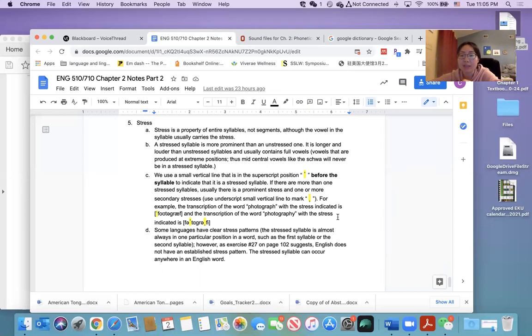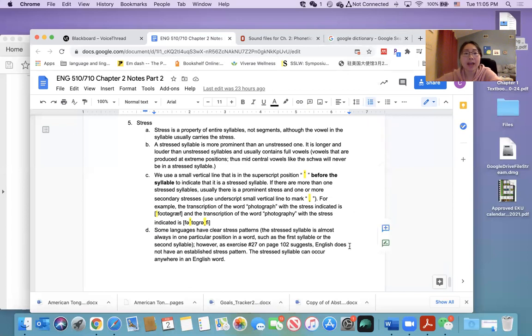And this means stressed syllables can occur anywhere in the English word. And that is maybe why English is hard for people to learn, especially which syllable is stressed, because there's no standard established pattern of stress in English words.